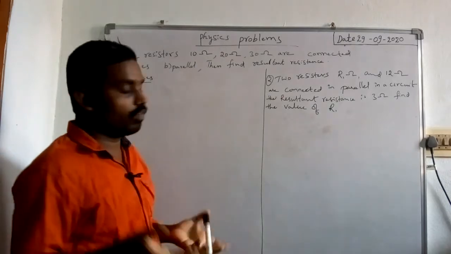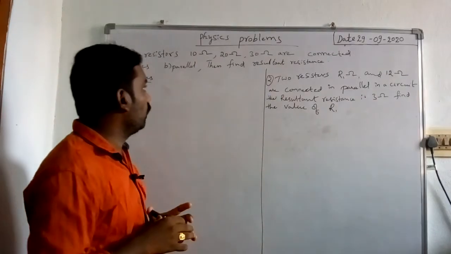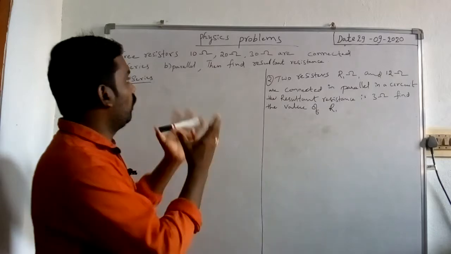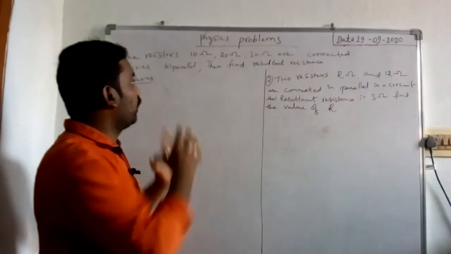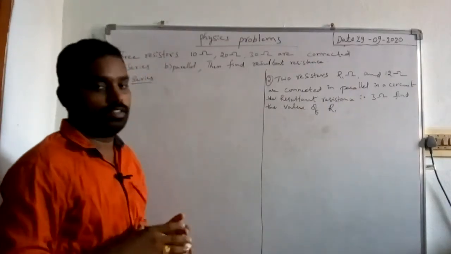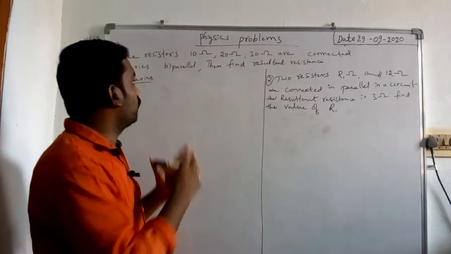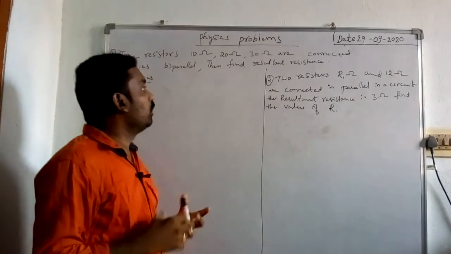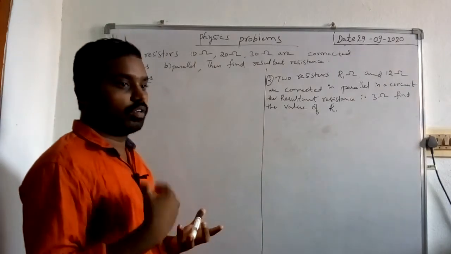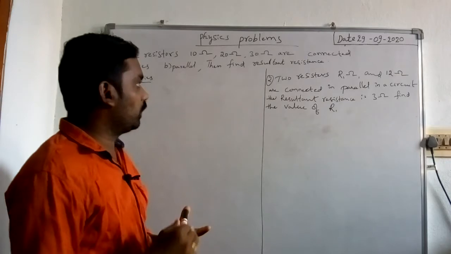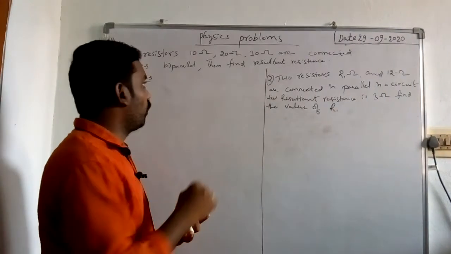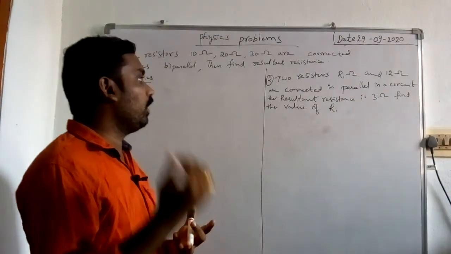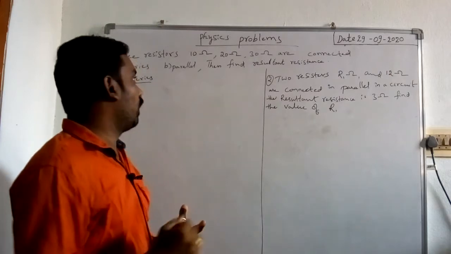After that, decide what we have to find, and then decide the related formula for the given information. If you already learned it, remember it once again, write it, substitute in that formula, and simplify. Then you will get the answer.